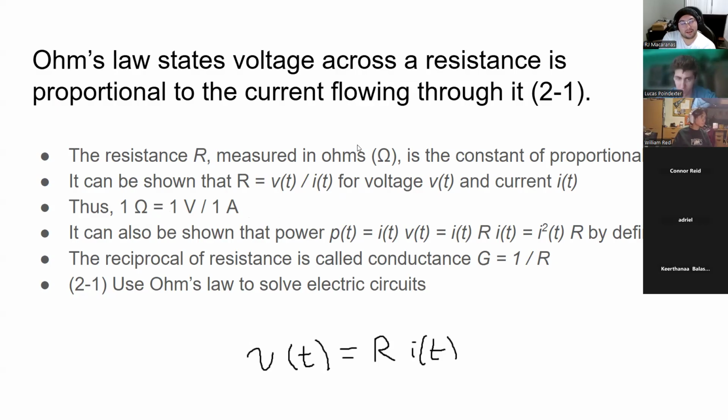So by Ohm's law, we have some voltage is equal to the product of resistance times current. And so both voltage and current in this regard are now considered time varying, right? These are now functions of time. Resistance is not a function of time in this case, right?